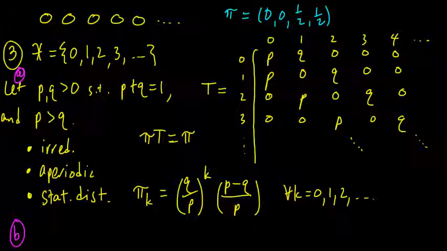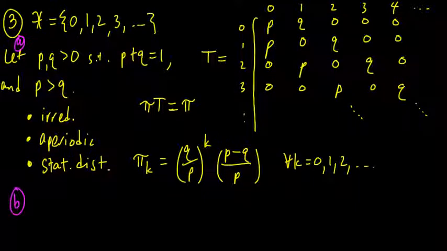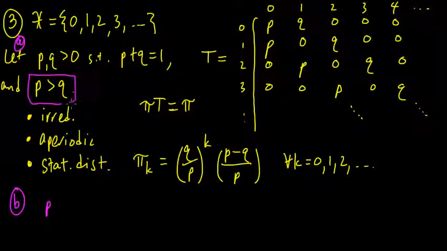And the second part, so far everything we've looked at has a stationary distribution, but if we take everything the same, transition matrix, same set of states, p and q, all this, except instead of p being greater than q, we say p is less than or equal to q.